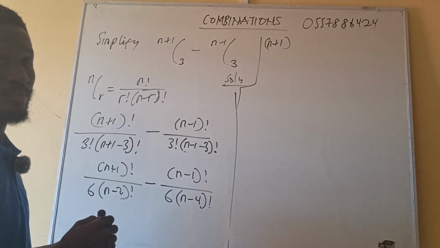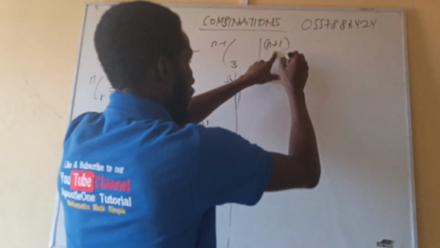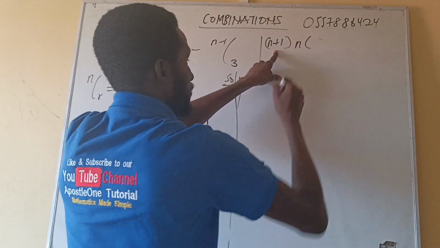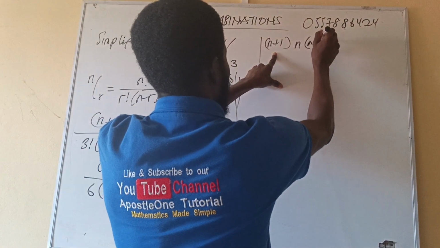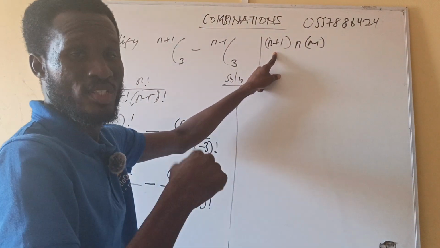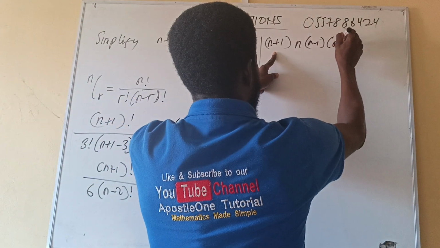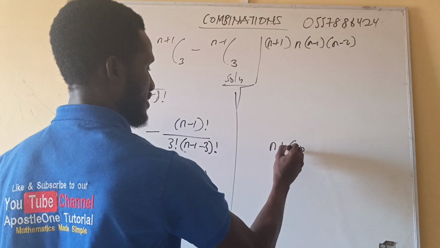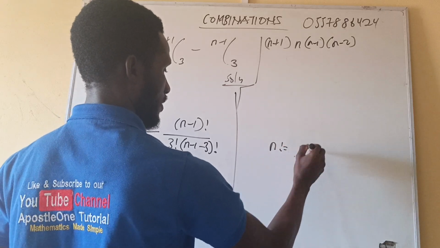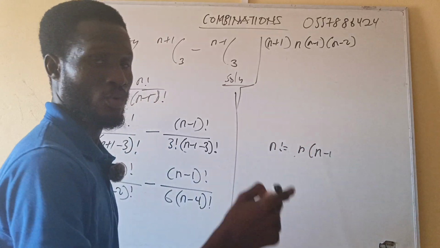I need to reduce this by 1, and I'm going to get n. I need to reduce the n by another 1, and I'm going to get n minus 1. I need to reduce it by another 1, and I'm going to get n minus 2. Don't forget that n factorial is the same as n, then we reduce it by 1.